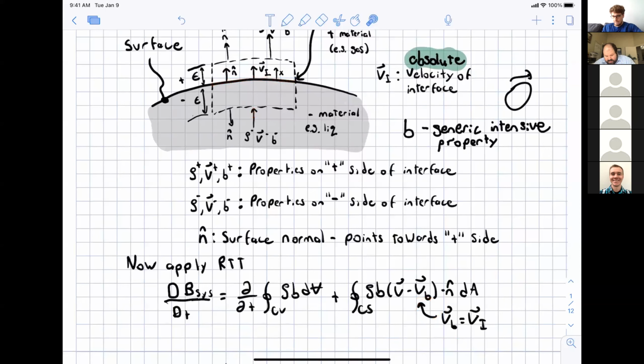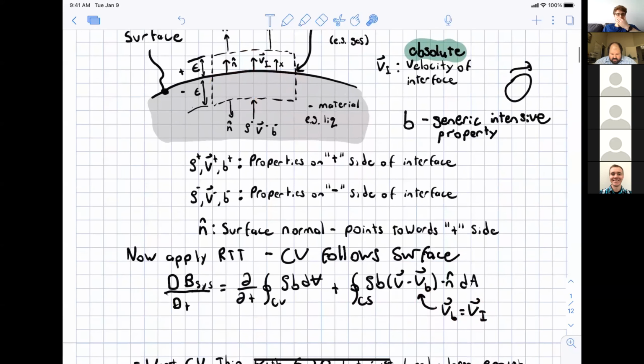That means the boundary velocity of the control surfaces is defined to follow the interface. Because the CV follows the surface, its boundary velocity on the top and the bottom, and the sides for that matter, is the same as the interfacial velocity. Are there any questions?